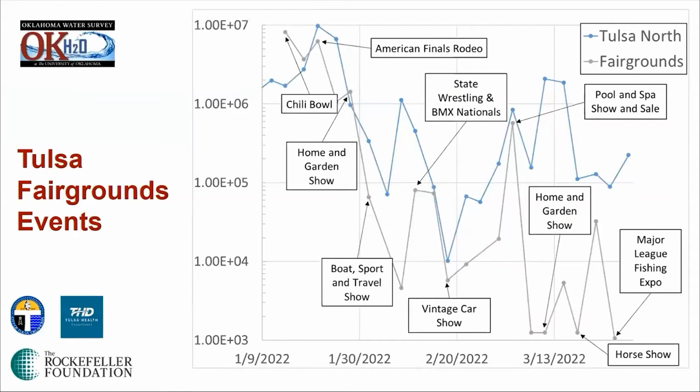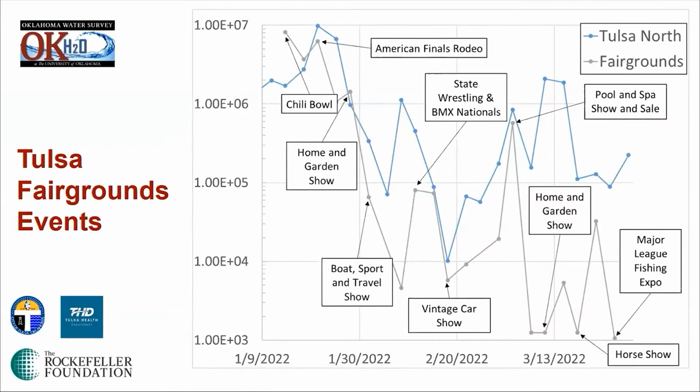So we're also looking at events, and this is pretty busy, but we were looking at the neighborhood, which is really the Tulsa Fairgrounds Event Center that has lots of events. That's the gray line. The blue line, once again, is Tulsa North, which is the area around that.